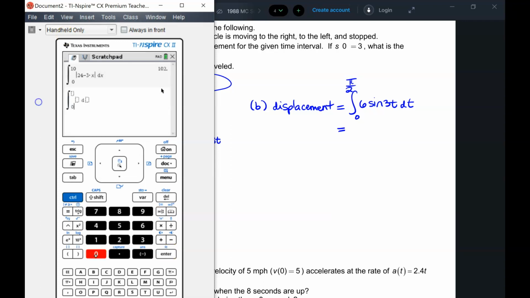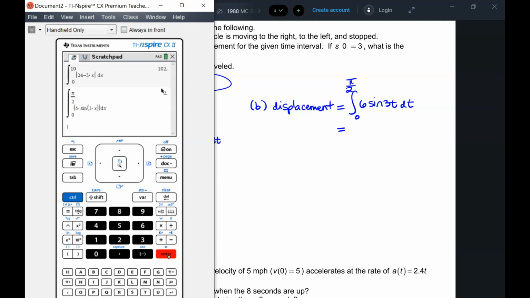Okay, so 0 to pi over 2, 6 sine of 3x, which is 2.